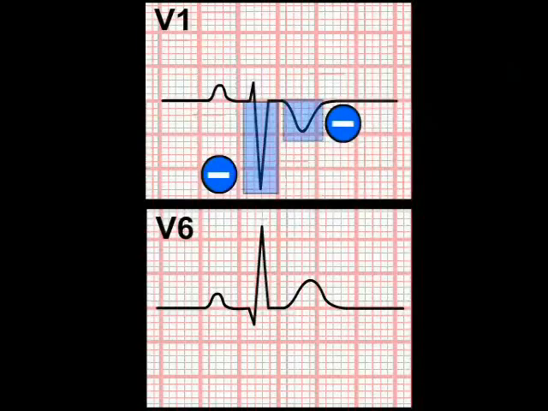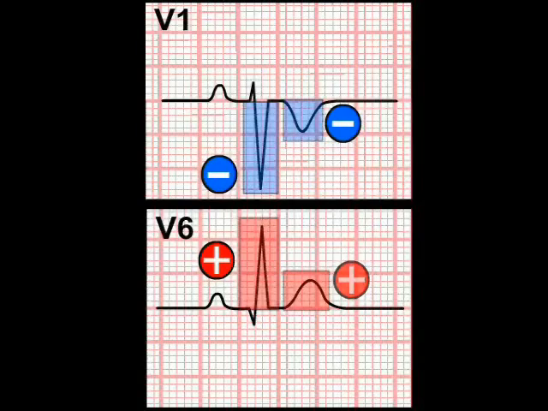While in leads with an overall positive QRS complex, the T waves are also positive, lying above the isoelectric line. To use the jargon, in non-diseased hearts, the QRS complexes and T waves tend to be concordant. There are important exceptions to this rule, which we will deal with shortly.